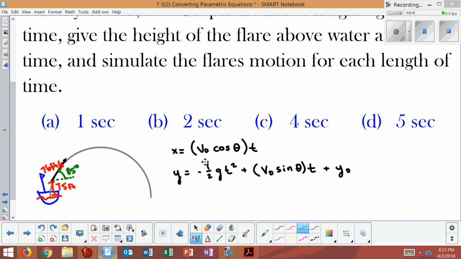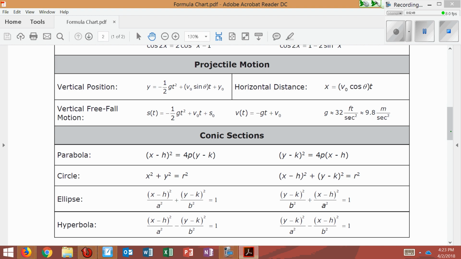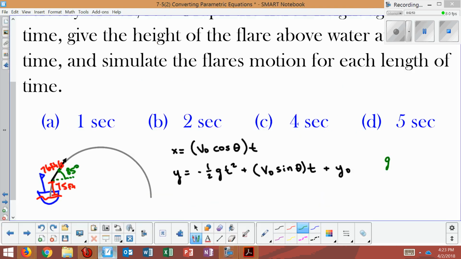Now g is gravity, and g has two values according to the formula chart. It can be 32 feet per second squared or 9.8 meters per second squared. Our equation is talking in feet, so g is going to be 32 feet per second squared.